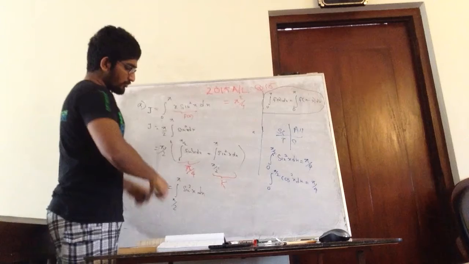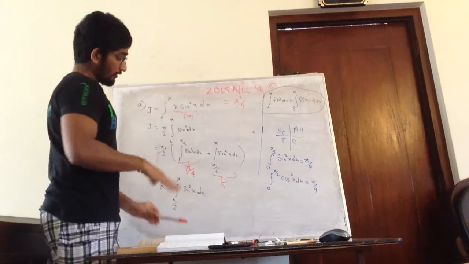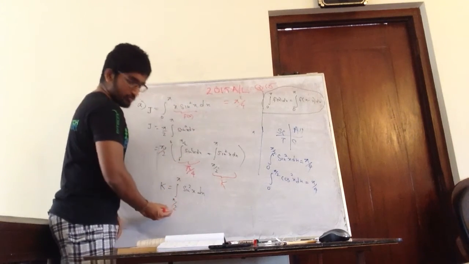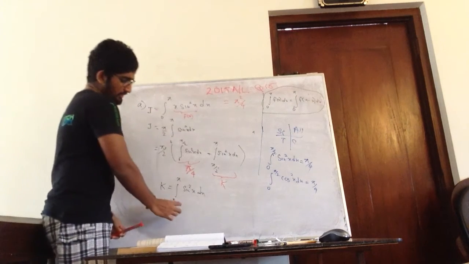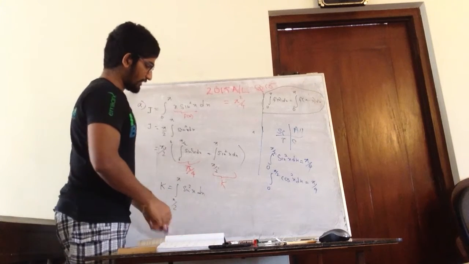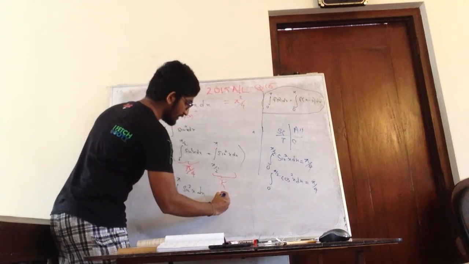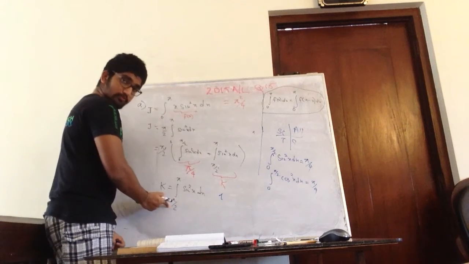Okay? So now take a minute to think. I need this to go to 0. Let's say the new variable is L. So now L should go to 0.